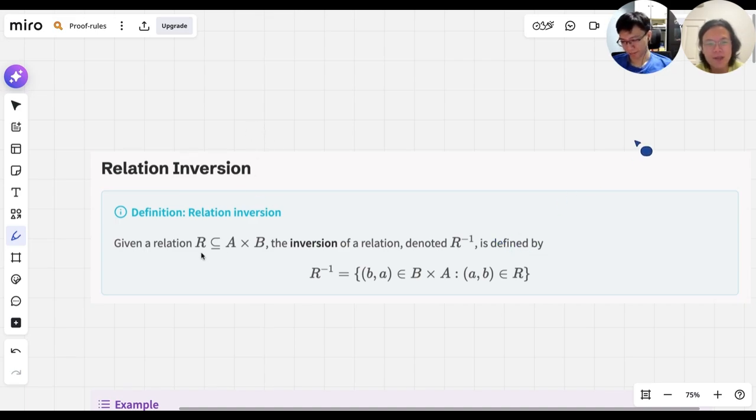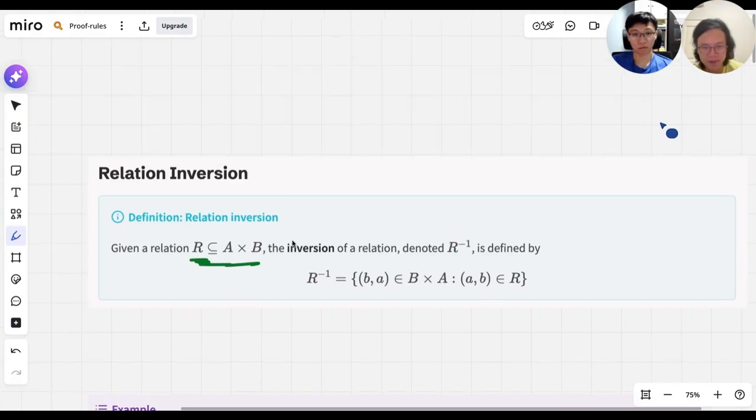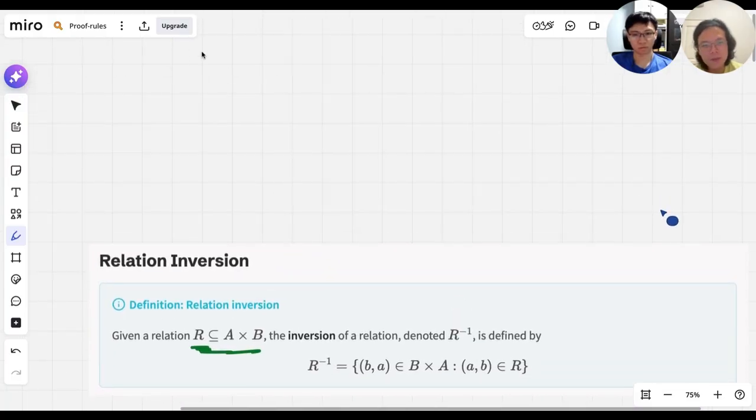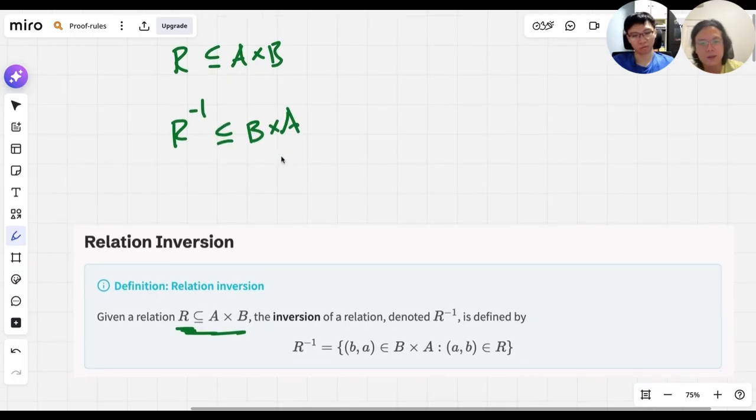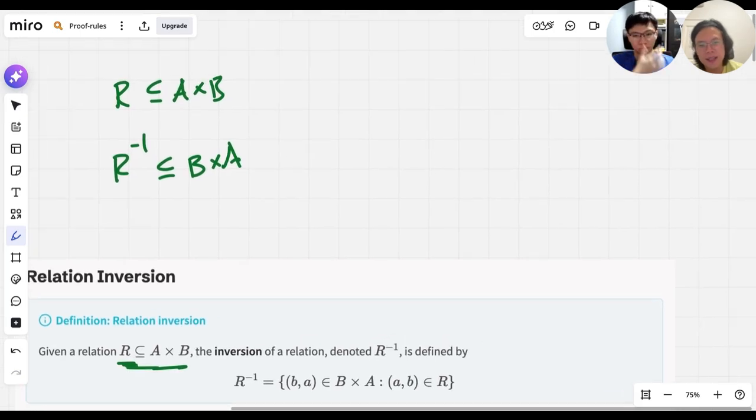So we talked about relations, which by the way, nothing special, just a set of ordered pairs. Since it's ordered, you can imagine how we can actually flip it. Let's call it an inversion. If I have a relation R which happens to be a subset of A cross B, then the relation denoted by R inverse just happens to be a subset of B cross A. It doesn't get any simpler than that, folks.